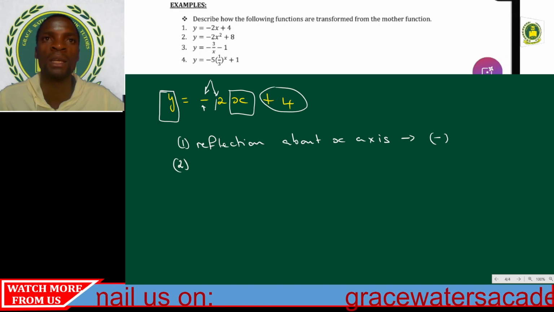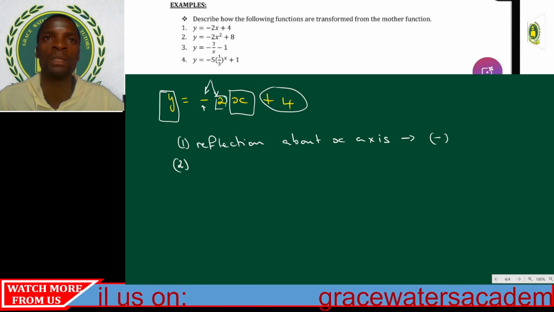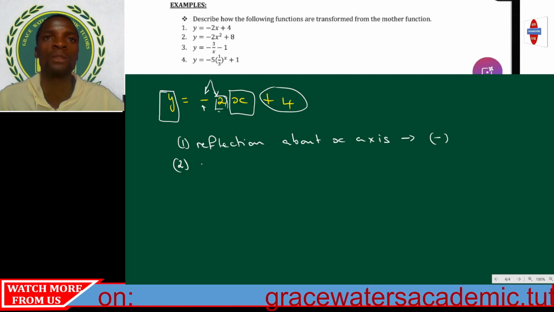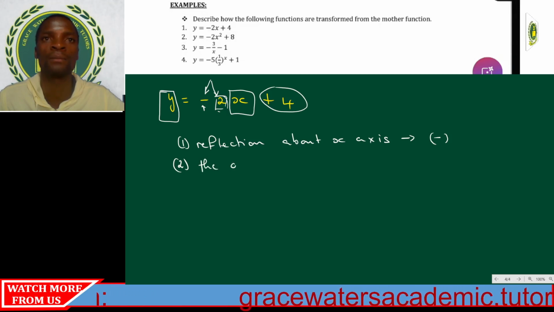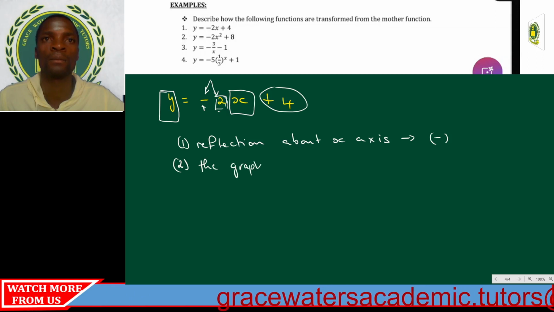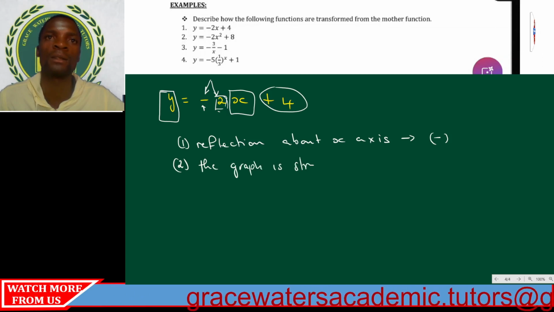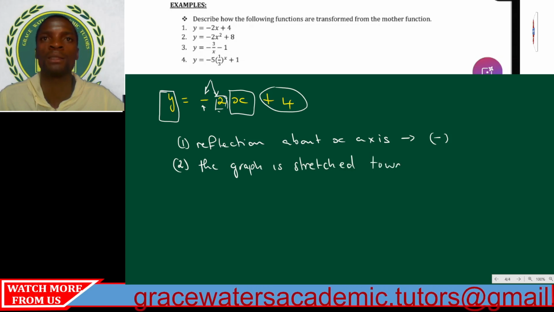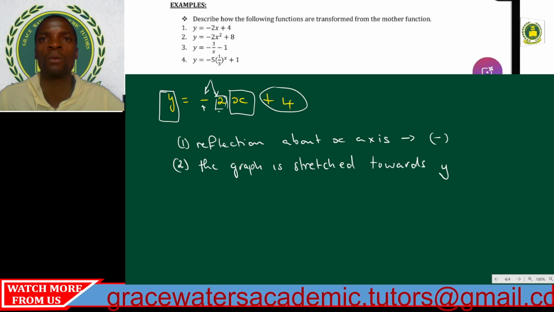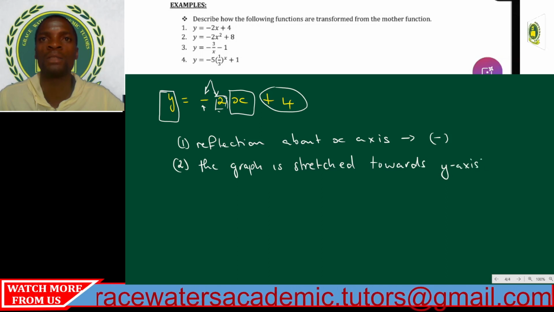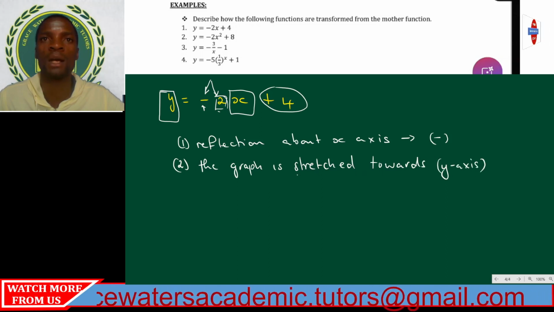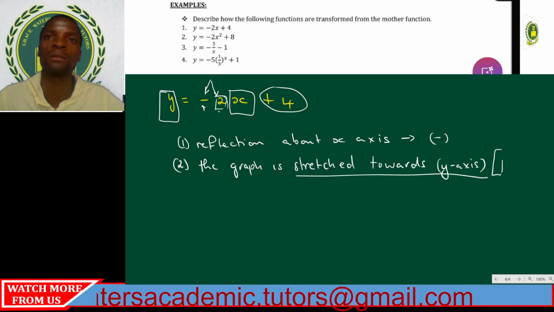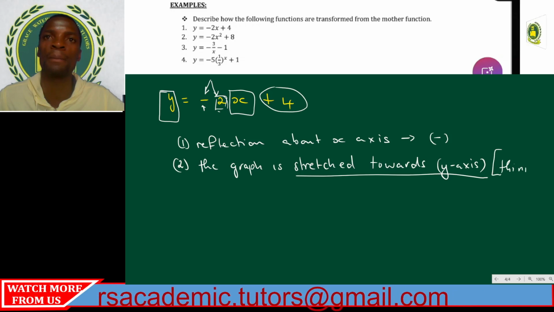The digit 2 is bigger than 1, so we have a bigger coefficient, so the graph is stretched towards the y-axis. To say stretched towards the y-axis is what you call thinning the graph, so it was made thinner.